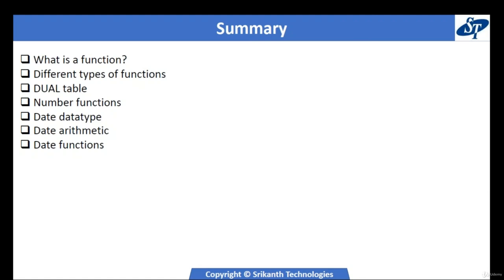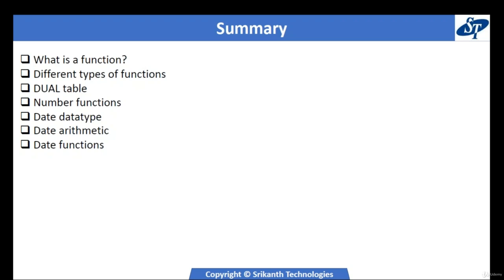Dual table is made available to every user. It contains one column, one row, so we can use it in our queries where the expression's result is to be displayed just once. We use that for our testing purpose. Number functions perform operations on numbers like rounding, getting the square root, and so on.